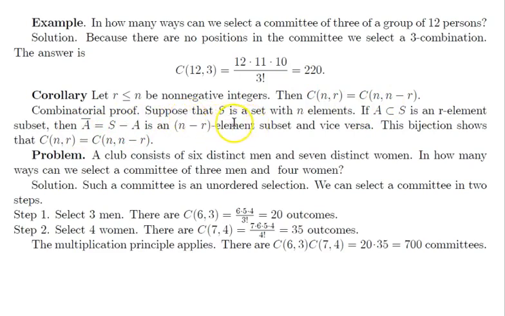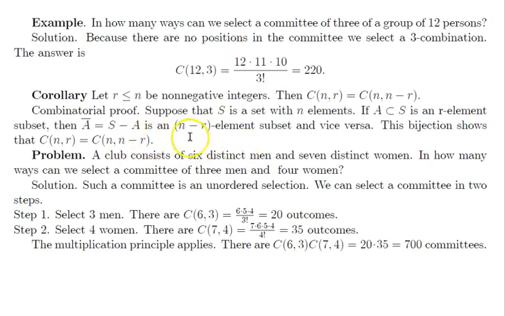Suppose that S is a set with n elements. If A is a subset of S and A has r elements, then A bar, which is just the difference between S and A, will have n minus r elements, and vice versa.